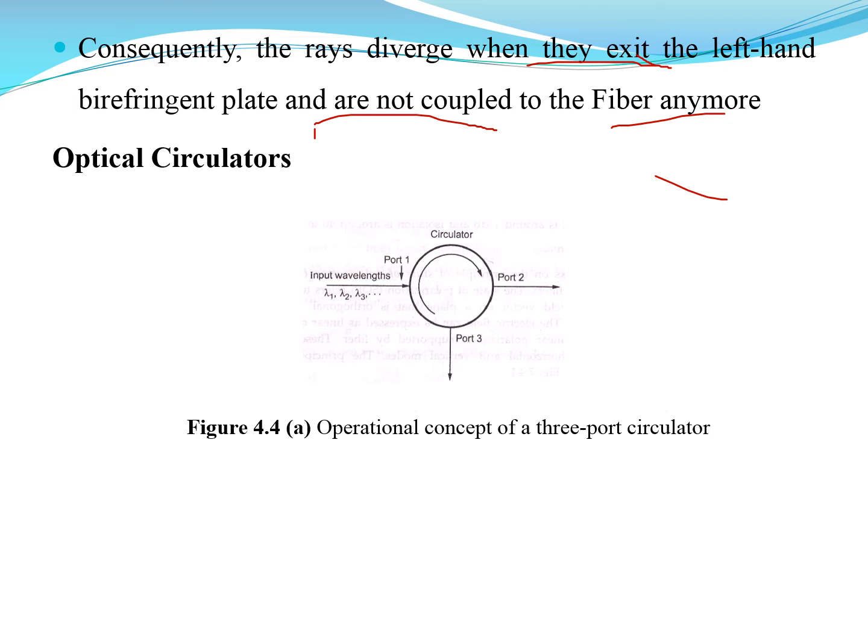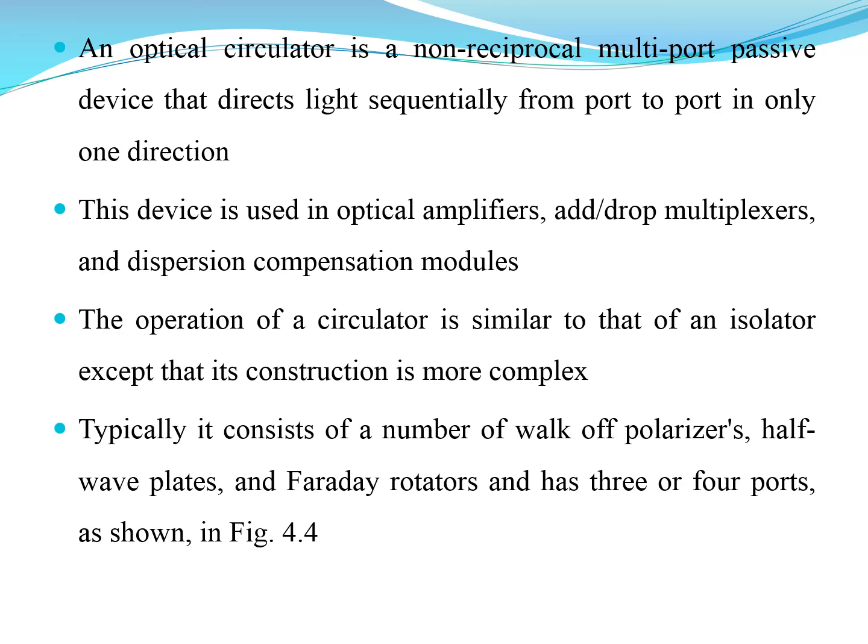Then we have the optical circulator. In the optical circulator, we have considered here a three-port device where the signals of different wavelengths are fed to this circulator from one of the ports, and the signal is obtained at the output of any of these ports, port 2 or port 3. So an optical circulator is a non-reciprocal multi-port passive device that directs the light sequentially from port to port in only one direction.